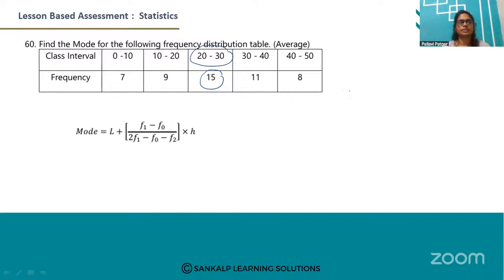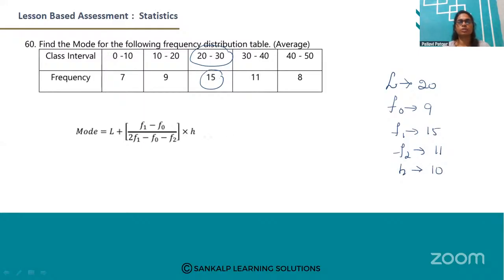Here L, the lower limit of the modal class, is 20, and F0 is 9, F1 is 15, F2 is 11, and H is the width, which is 10.